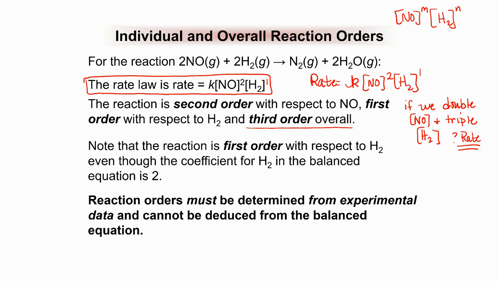Take a moment to think about that. If we double NO and we triple H2, you can pause me to think about it. But let's now look at that. If NO is doubled, that would be 2 squared for the NO. And if the H2 is tripled, that's 3 to the 1.